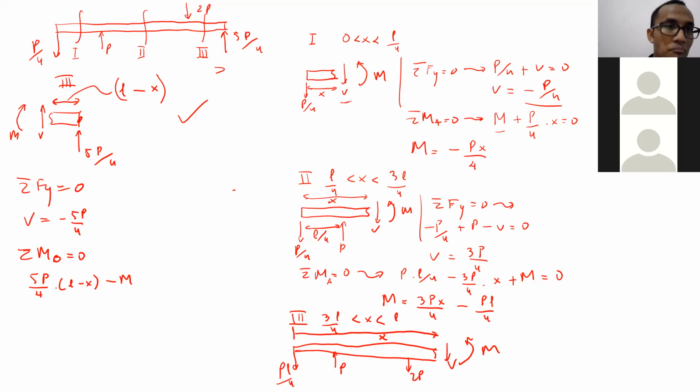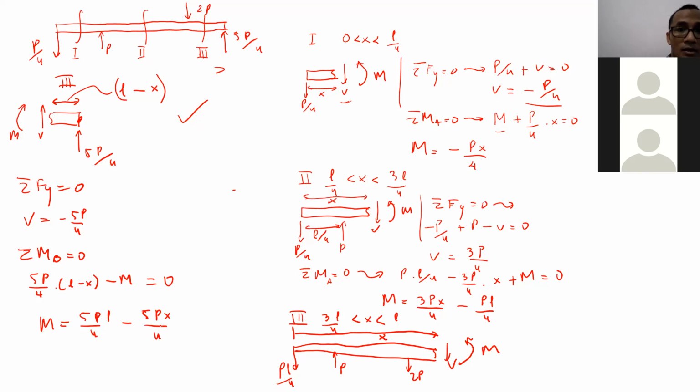So minus multiplied by minus is supposed to be plus, equal to 0. So M equals 5PL over 4 minus 5PX over 4. Something like that.